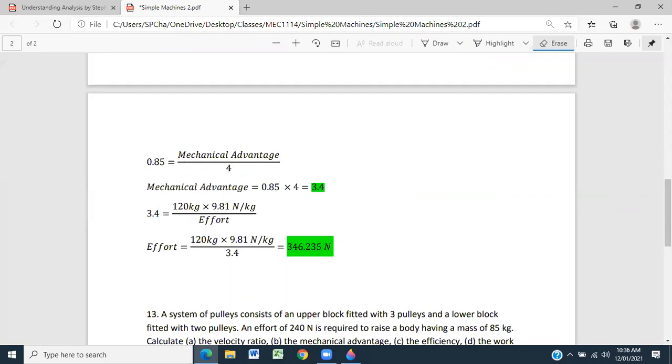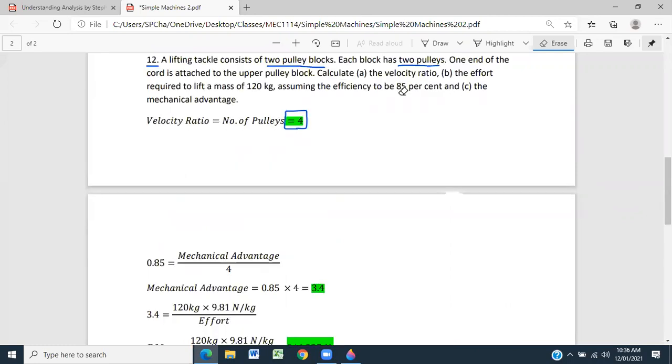Efficiency was given as 85%, which is 0.85 as a decimal. So 0.85 is equal to the mechanical advantage divided by 4, the velocity ratio.